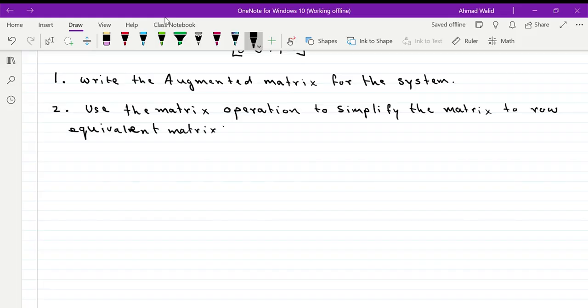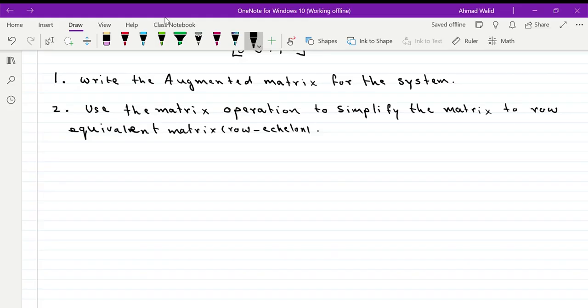It means change it to row echelon. Correct? Or it means write your augmented matrix, simplify your augmented matrix to row echelon, or in a simple way, change it to a goal matrix.